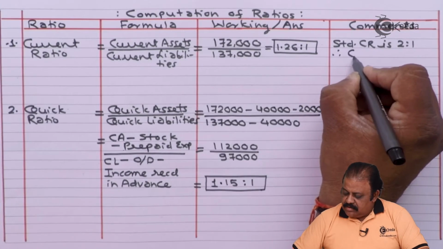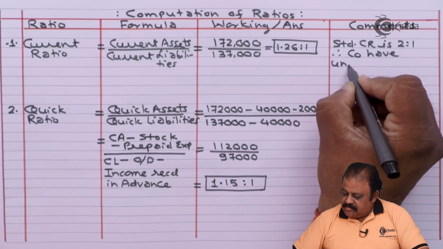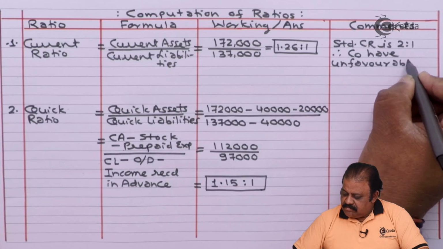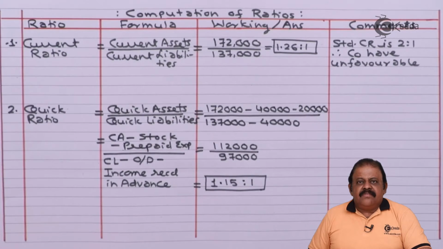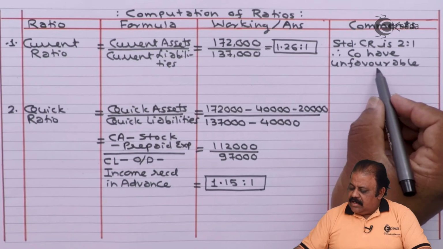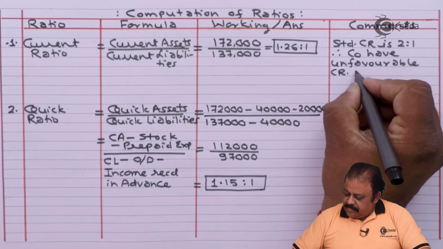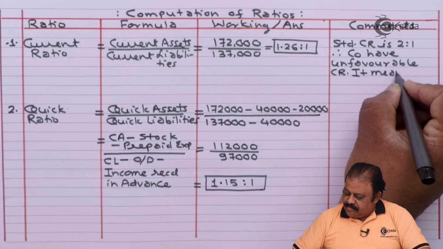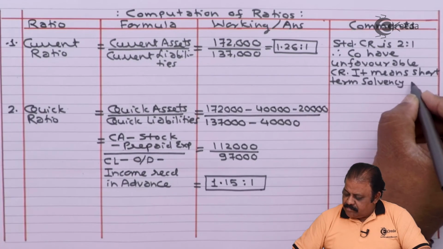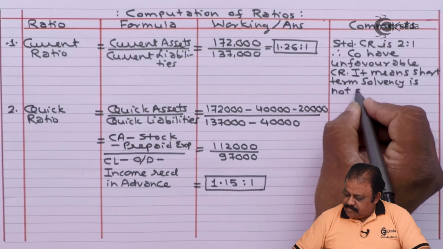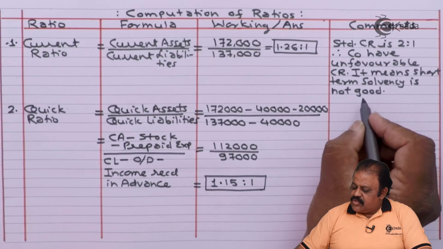Therefore, company has unfavorable current ratio. It means company's short-term solvency position is not good.